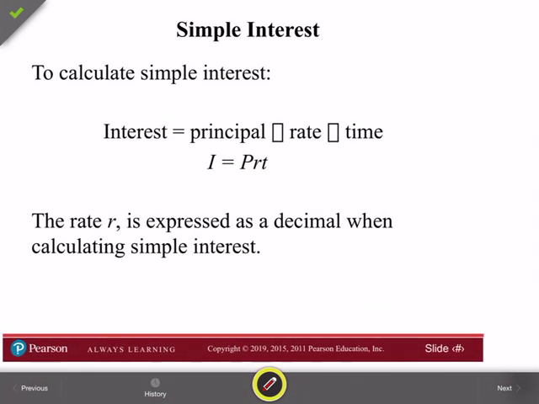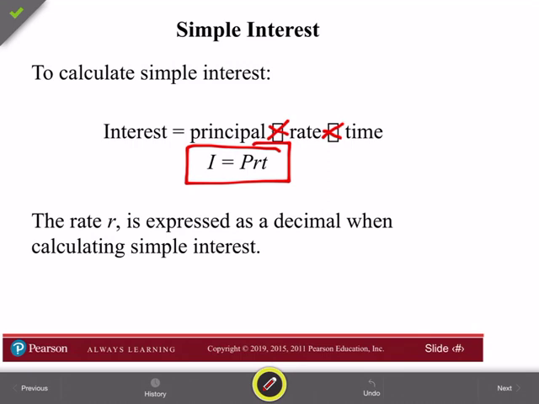To calculate simple interest, the formatting here, sometimes this program doesn't like the format. Those should be multiplication symbols there. So, simple interest is interest equals principal times rate times time.